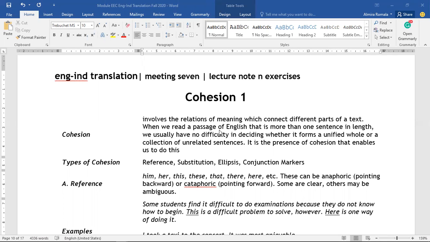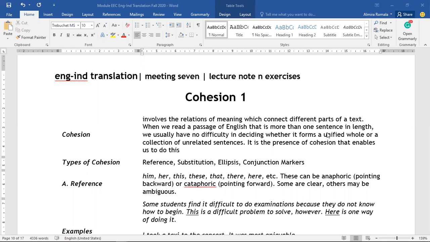Therefore, if the sentences have cohesion, they will act as a whole, one good text. But if the text has no cohesion, it will just be a collection of unrelated sentences. Those sentences will have different main ideas and they are not supporting each other. Cohesion enables us to understand the text.